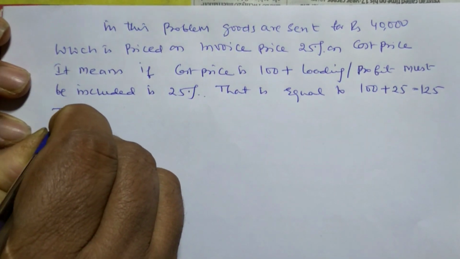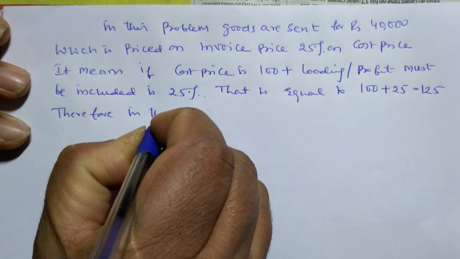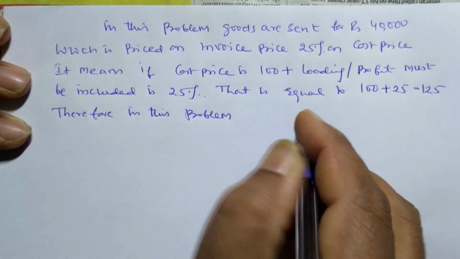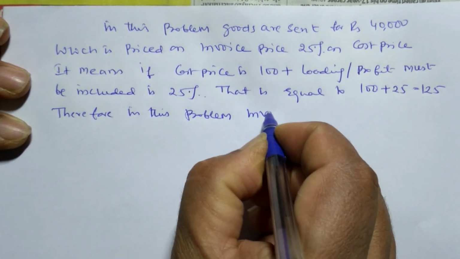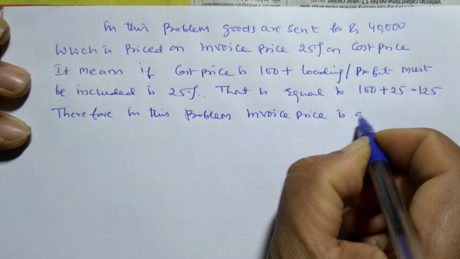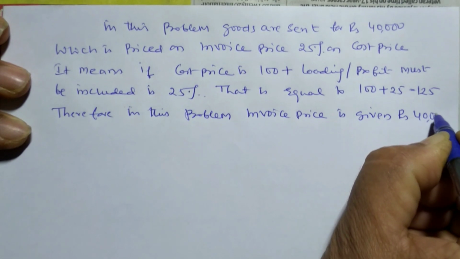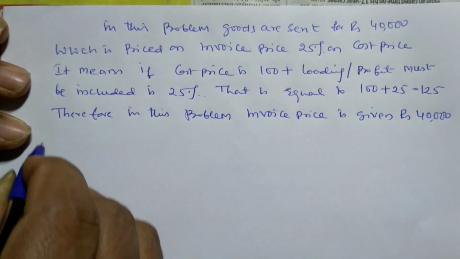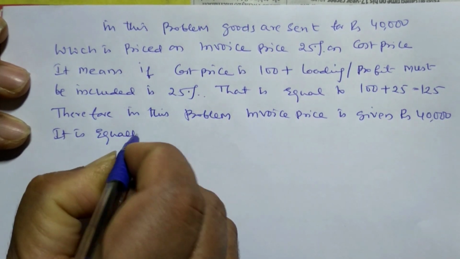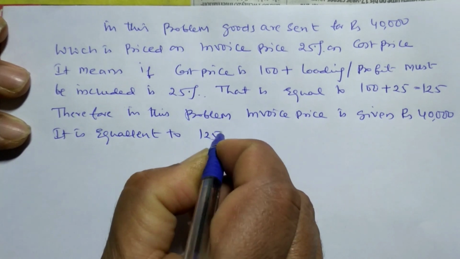Therefore, in this problem, invoice price is given as rupees 40,000. It is equivalent to 125.